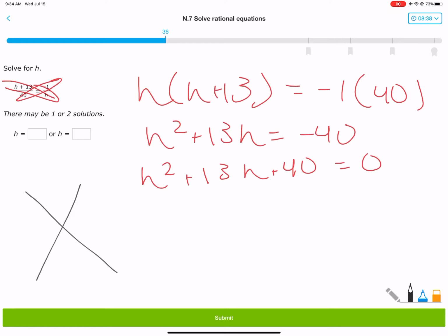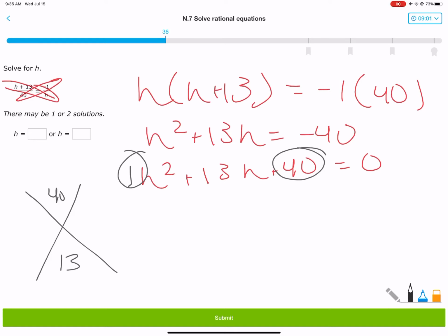The way the x method works is we got to use the first number, so this number times this number. So 1 times 40 is 40, so 40 on the top and 13 on the bottom. Now we got to find two numbers that multiply to give you 40 and add to give you 13.